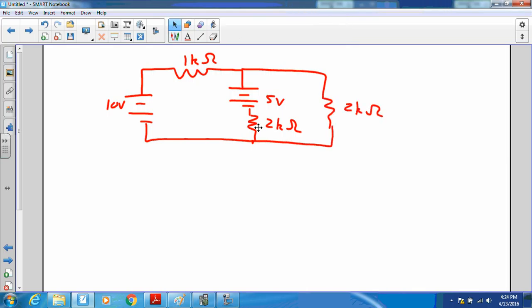And what we have discovered through our elimination is that we have current I1 going this way at a value of 3.8 milliamps. And we had an I2 going out this way at a value of 3.2 milliamps. And we had an I3 that ended up going this way. Make sure I got the directions right on that.